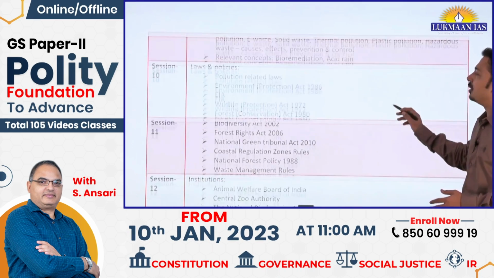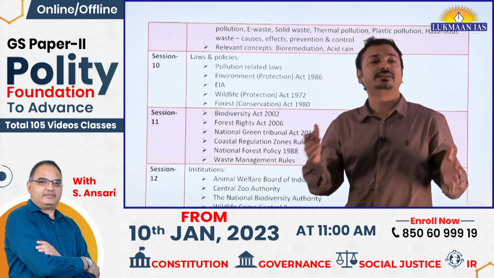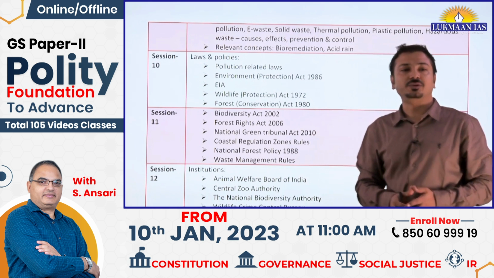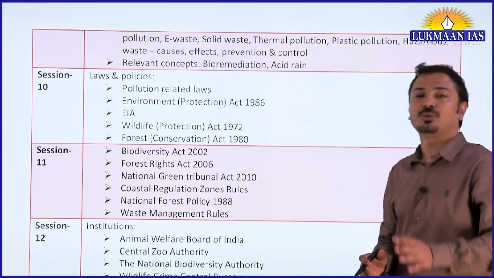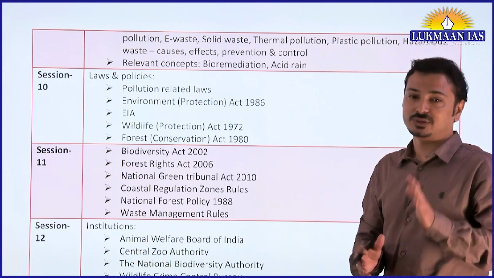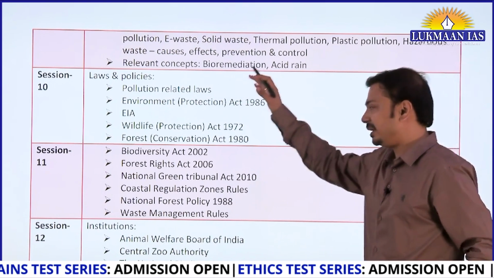Now comes the legal, institutional and organizational aspects. And yes, UPSC is asking every year one question from laws, policies and programs in the prelims examination, almost every year. ठीक है, तो हमें कौन से लॉ पढ़ने हैं, हमने यहाँ पर एनलिस्ट किया हुआ है.